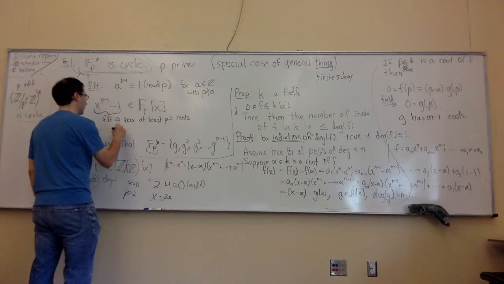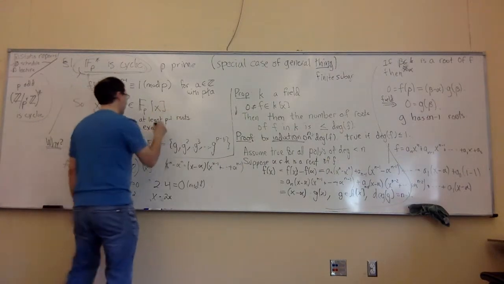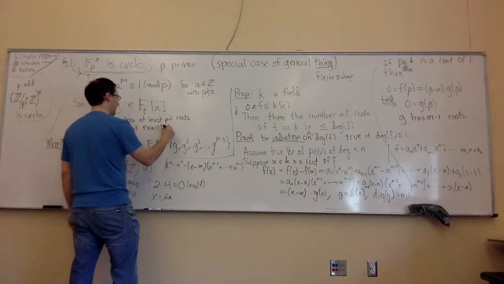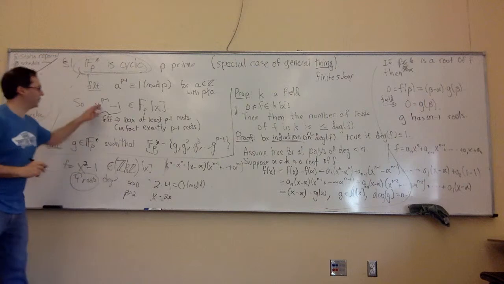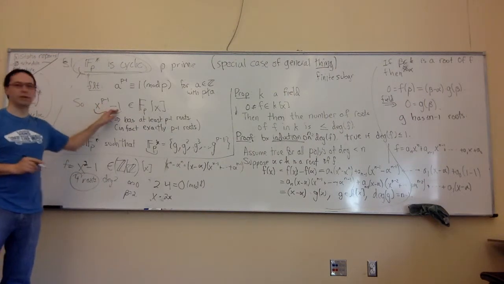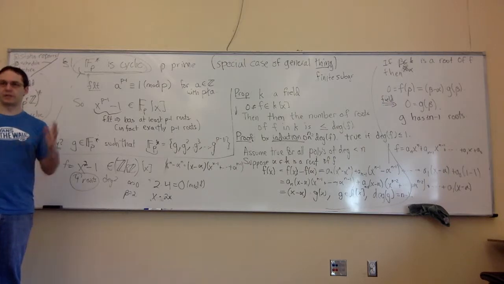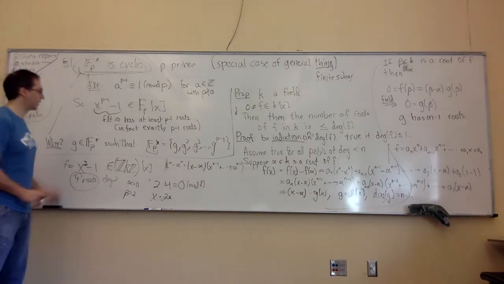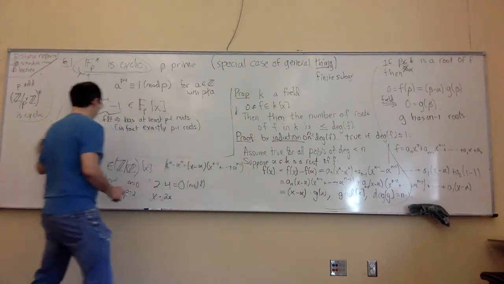In fact, don't worry, we will use that. I'm going to use that just now. In fact, exactly p minus 1 roots. So the polynomial x to the p minus 1 minus 1 has exactly p minus 1 roots. So that doesn't give us that F_p star is cyclic. However, it kind of helps a lot.